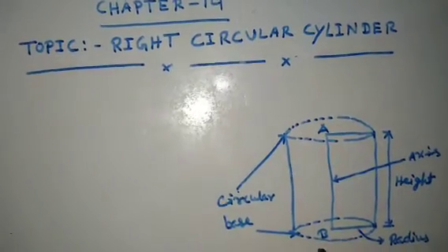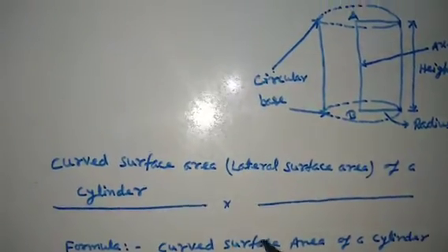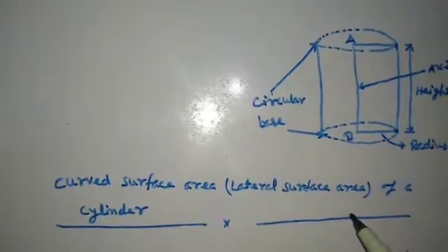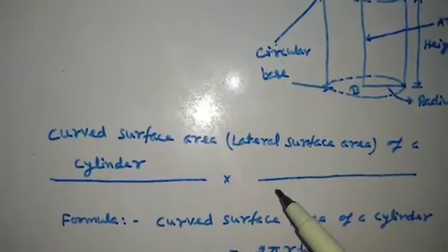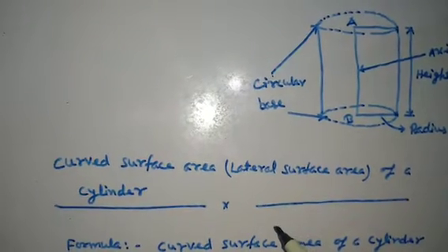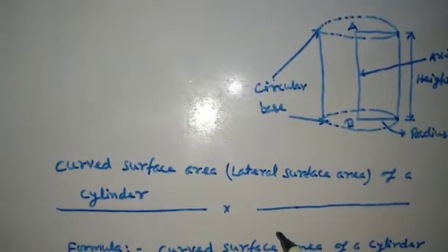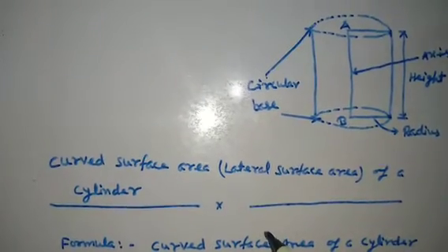Now I am going to discuss the curved surface area, also known as the lateral surface area of a cylinder. When the top and bottom faces of a cylinder are not present, then we find the curved surface area of the cylinder.